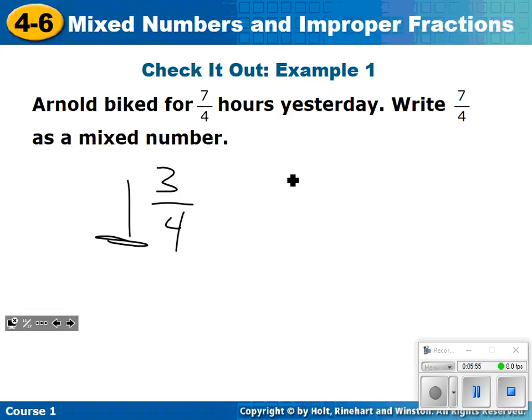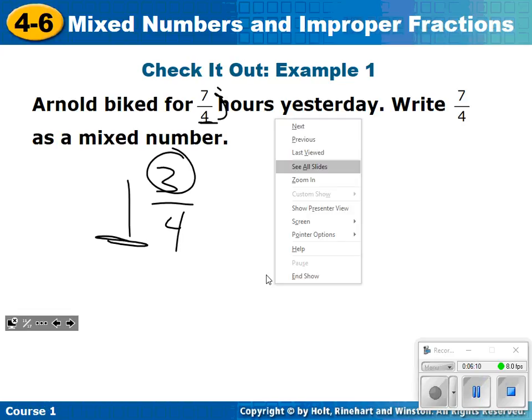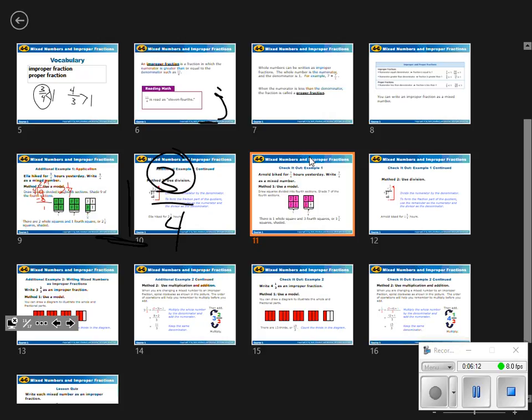This number indicates how many times the 4 goes into 7. This number indicates how many are left after we do the division. Make sense? Yes. Yes, Mr. Eichmann. It makes wonderful sense.